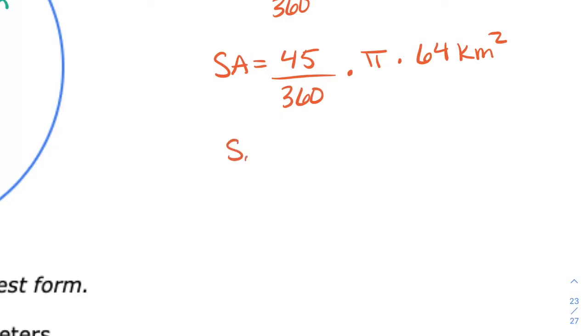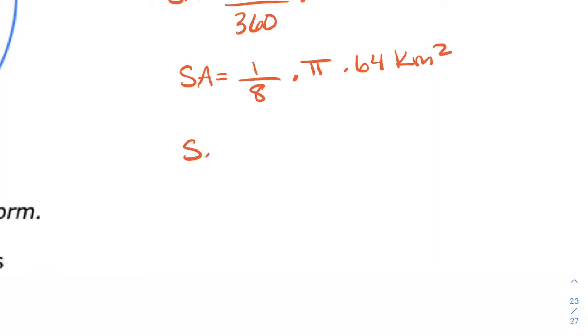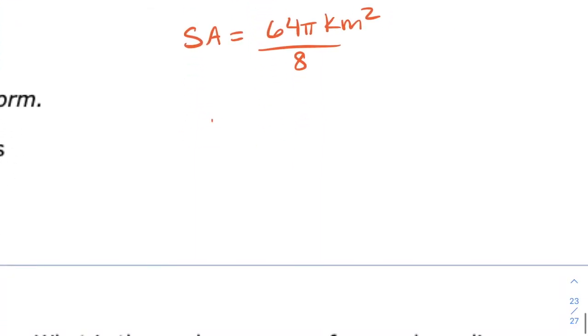Let's simplify it first. I'll call it 1/8 times pi, because 45 divided by 45 is 1, and 360 divided by 45 is 8. So sector area equals 64 pi kilometers squared over 8, and 64 divided by 8 is 8.